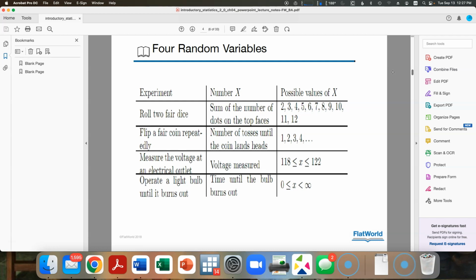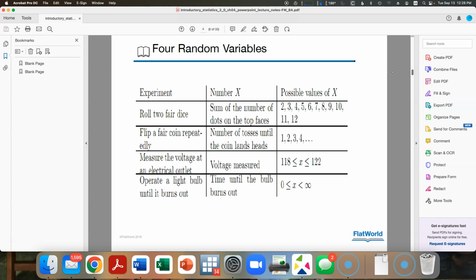Oh, I see. So you're rolling 2 dice that are not constructed in a way to make them unfair, and you're looking at the outcomes where you add up the sum of the 2 dice, and what you're looking at here are all the possible values.